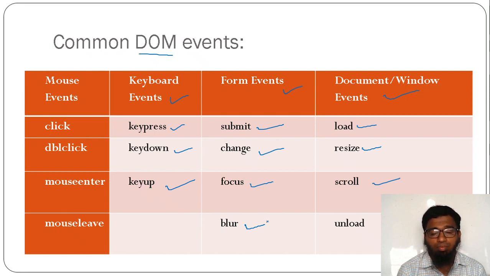When you leave the mouse, when you click or leave, that time, onload. So these are some of the common events of the DOM. DOM is the document object model.